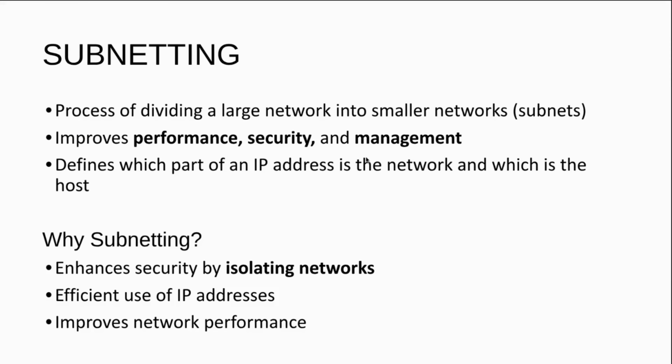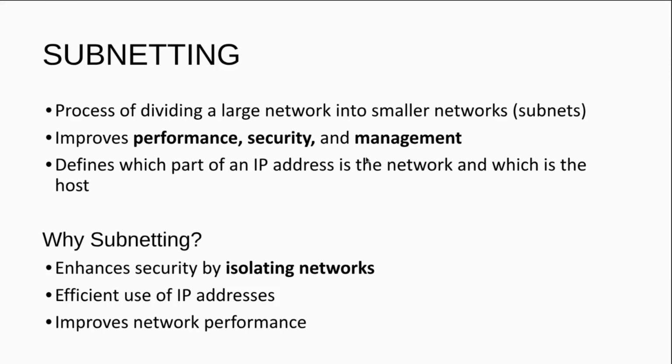Next, subnetting. Subnetting is the process of dividing a large network into smaller networks. For example, if in a class A network we have 1.0.0.1, it can be divided into smaller networks for managing and maintaining the network devices. It improves performance, security, and management.